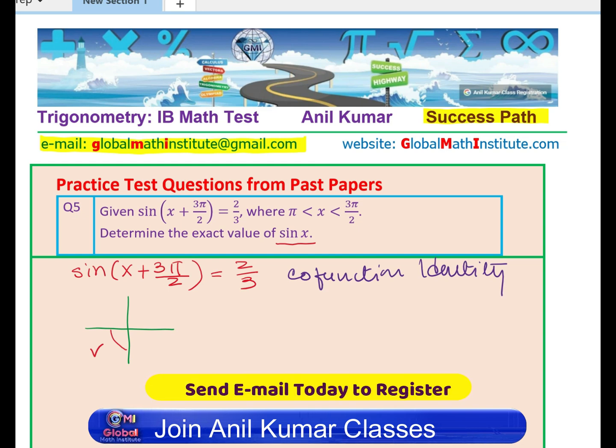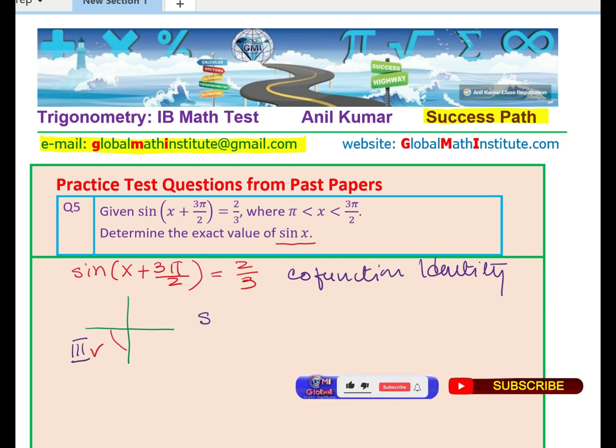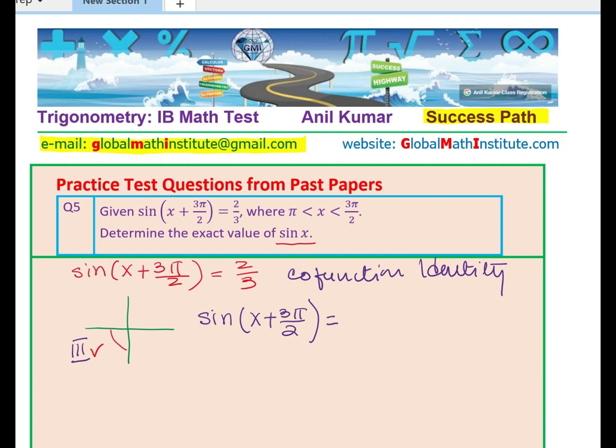And we also know that sine x is actually negative because you are in quadrant 3, right? So how can we write sine of x plus 3 pi by 2 as a cos function? Well, clearly this is equal to minus cos x, right?